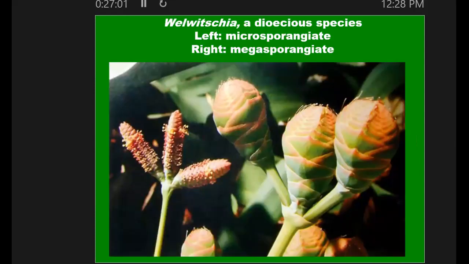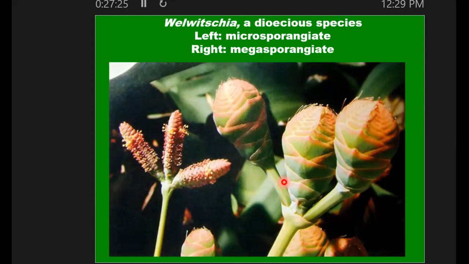So the left is the pollen cone, where they're going to form the microspores, and then eventually the pollen will develop from that. And then on the right, you see the larger megasporangium tissue, which is going to be, the gametophyte will form in there. And so dioecious means that there's two separate plants.